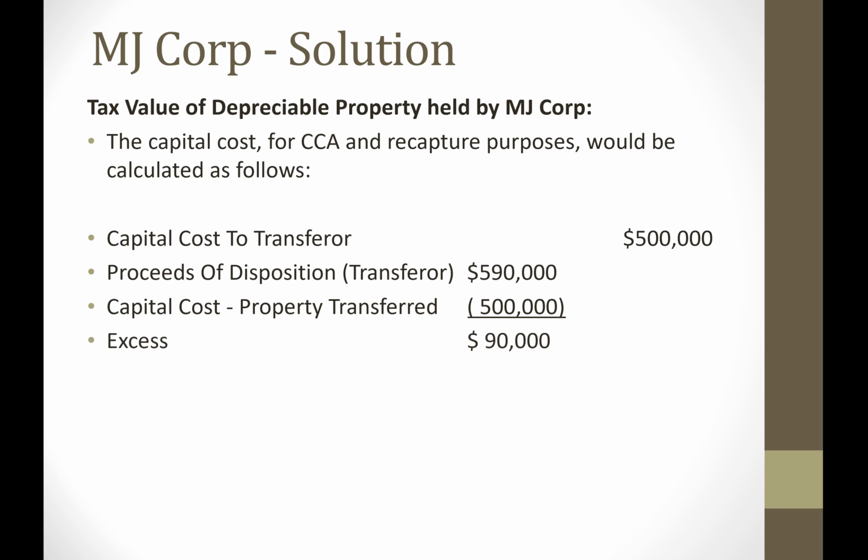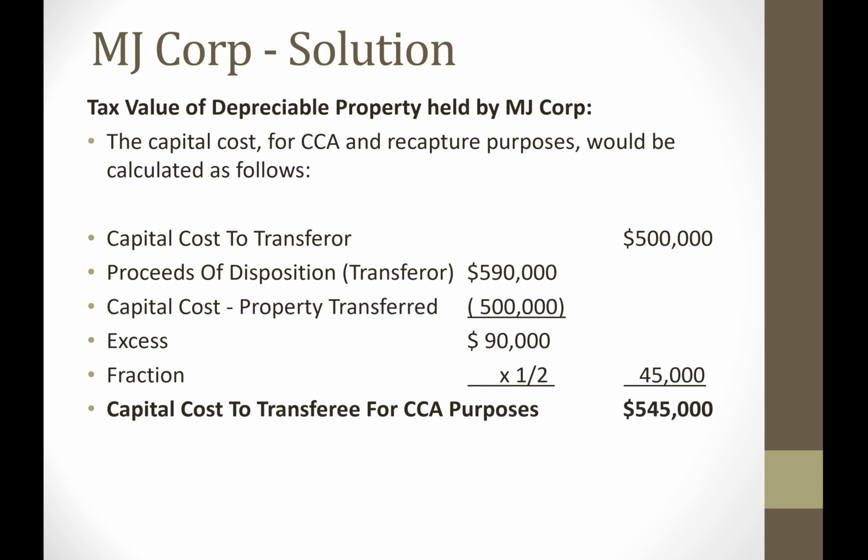Now because Lucy was only taxed on 50% of that capital gain, MJ Corp can only add the taxable capital gain amount to the cost of the asset for CCA purposes. And so the capital cost to MJ Corp for CCA purposes is only going to be 545,000, not the full 590,000.